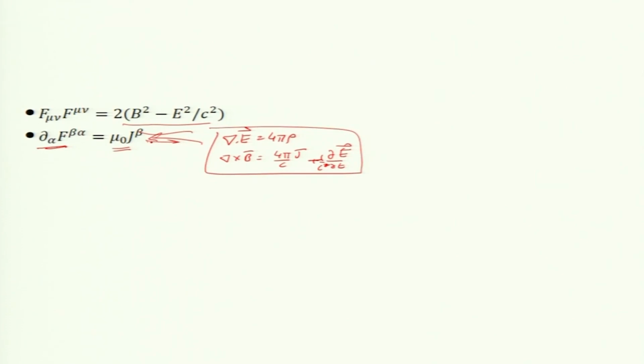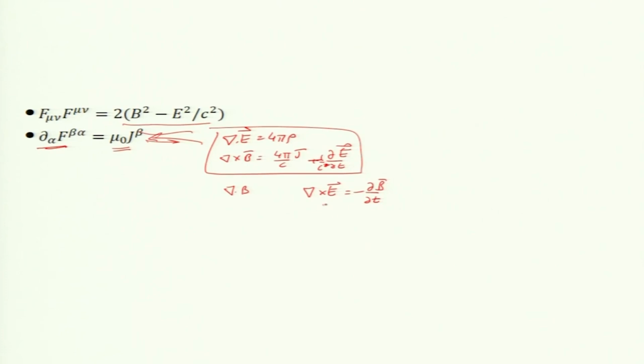The other two equations, which are constraints, are del dot B is 0 and curl of E is minus dB by dt. This should be plus, I think. Well, let us keep it.